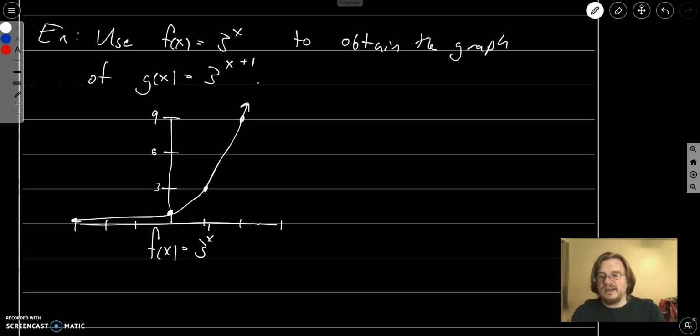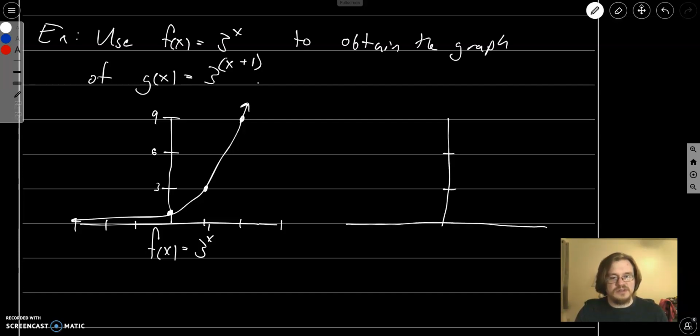So in this function up here, I've replaced x with an x plus 1. And if we think way back to chapter 2, this is going to be a horizontal shift. So we can draw the same graph, 3, 6, 9, and we'll have 1, 2, 3, 1, 2, 3.